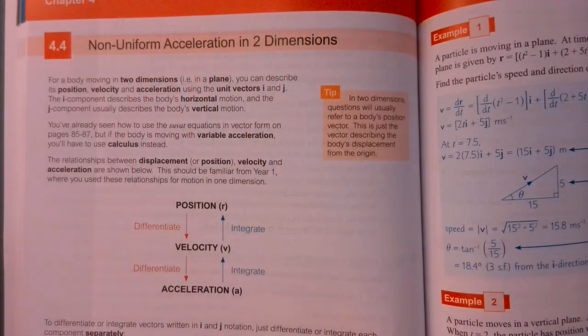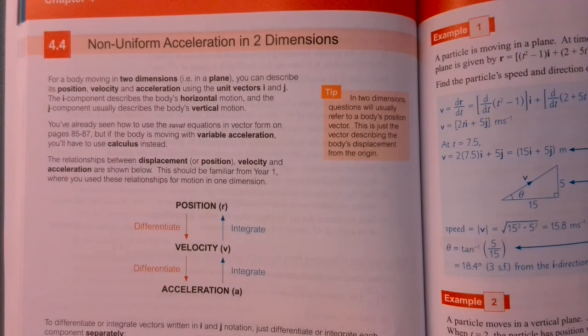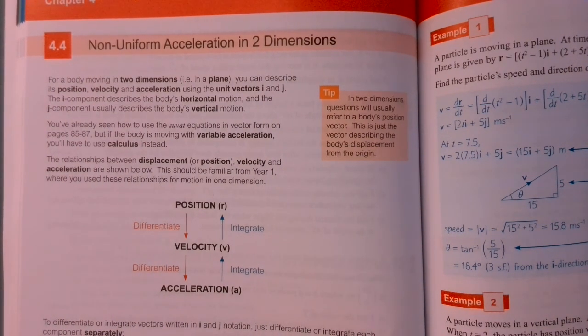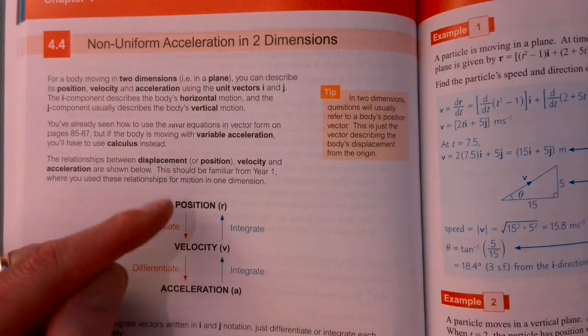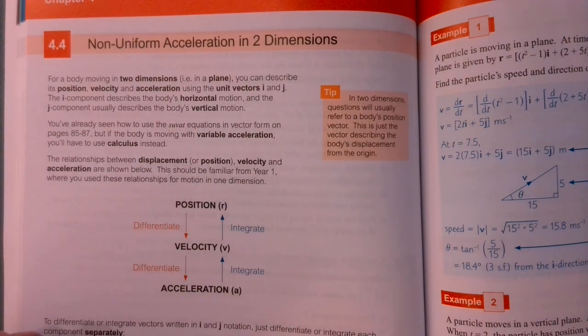So if we move to our mechanics book, I'm on page 90, and it's evening here, and the light isn't very good, I have to say, so I apologise if it's a bit swimmy. But yeah, they use the same diagram as me, but they've done it in reverse.